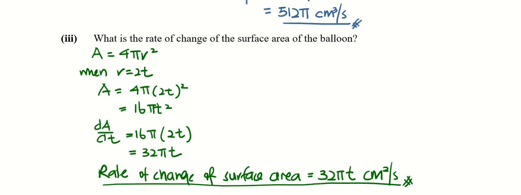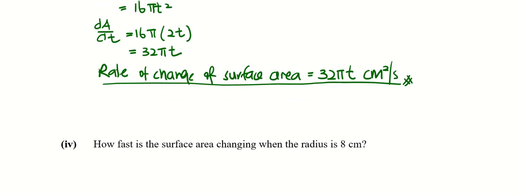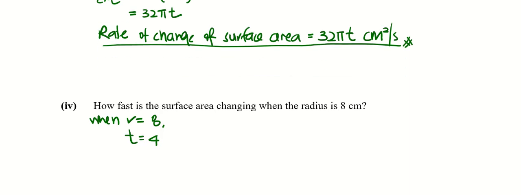And last part, when radius is 8 cm, again repetitive. If you can, pause and finish it on your own, then drag the video to the end to check. So when r equals 8, my t equals 4. Same thing that you've done before, I'm not going to elaborate more.